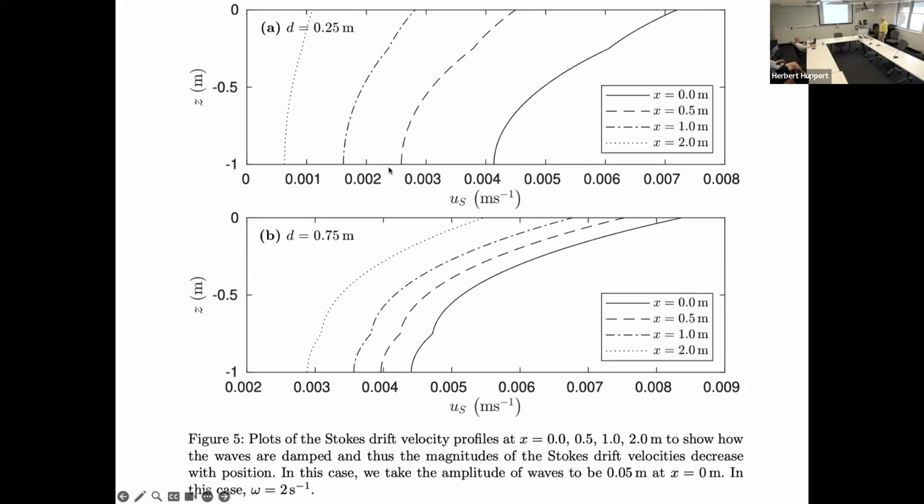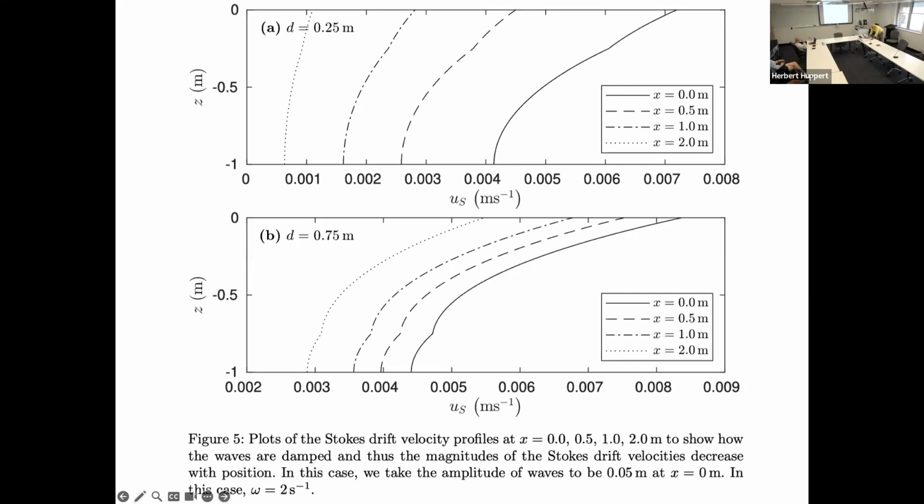Here's now an example of how that Stokes drift changes, just for particular examples, amplitude and stuff, but just to give you some indication. As you go along, this is the horizontal component of the Stokes drift.